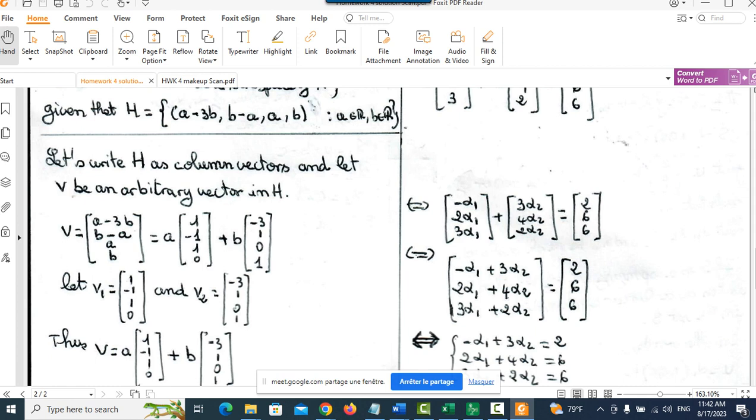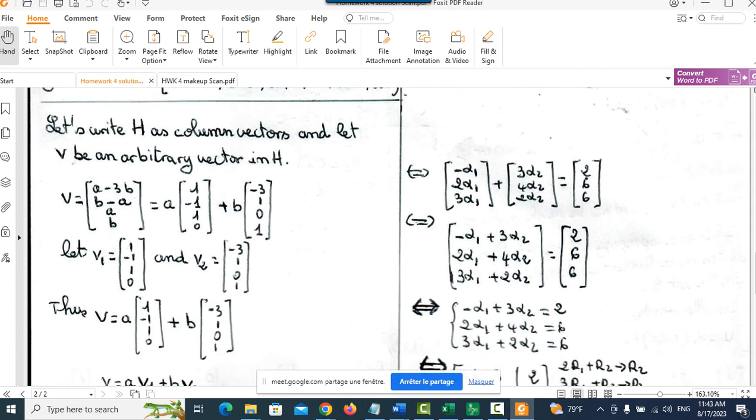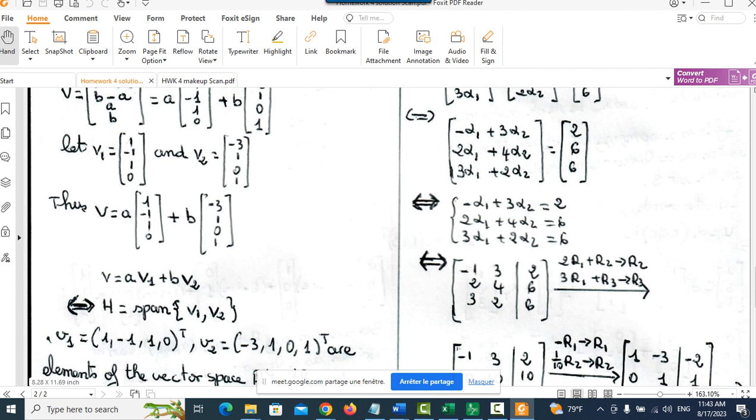So this one is a vector V1, and this one is a vector V2. So I can see that if I take an arbitrary vector V from the set H, I can write it as a linear combination of two vectors that belong to the vector space R4. Therefore V is equal to a V1 plus b V2.